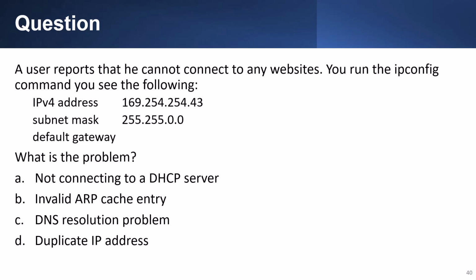Question: a user reports that he cannot connect to any websites. You run the ipconfig command and you see the following: IP version 4 address 169.254.254.43 and the subnet mask at 255.255.0.0. What is the problem?